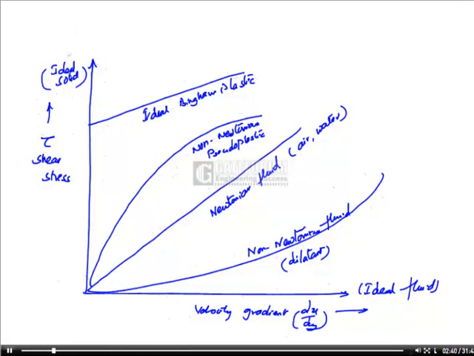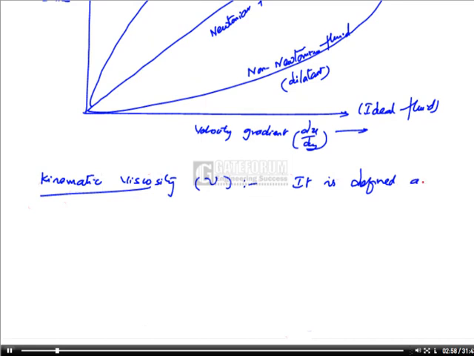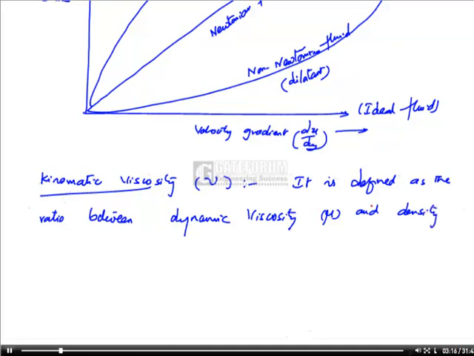Now I shall define another property called kinematic viscosity, denoted as nu. It is defined as the ratio between dynamic viscosity mu and density.